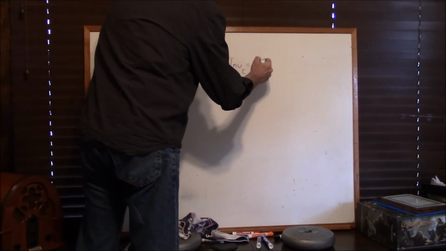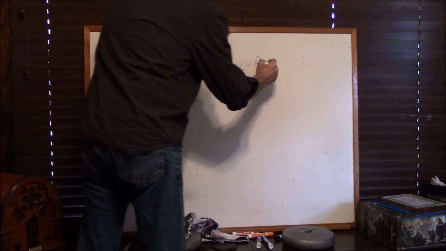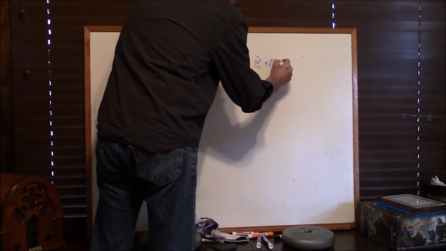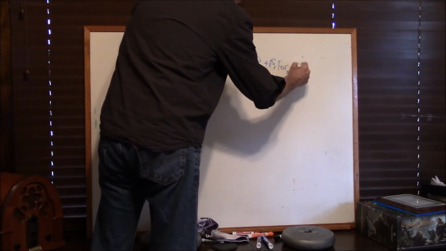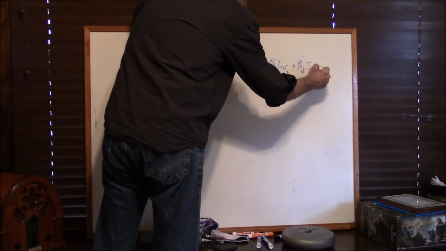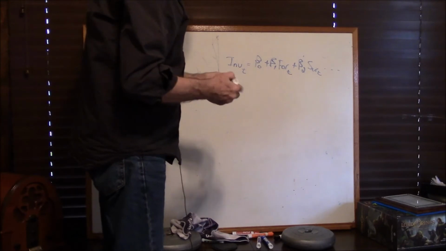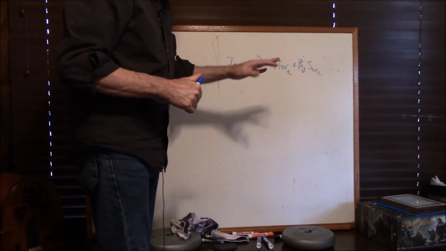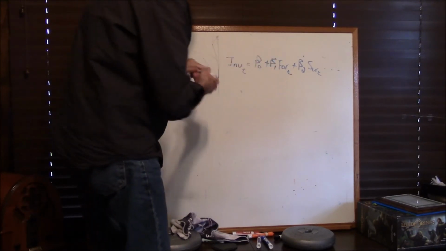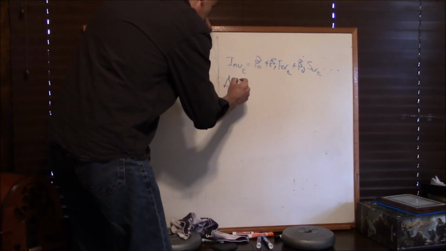Investment is beta sub 0 plus beta sub 1 times the forecast plus beta sub 2, I'm just going to do one of the surprise variables, I'm not going to write the rest of them out. It's not unusual to discover that if this is serially correlated, this is not.